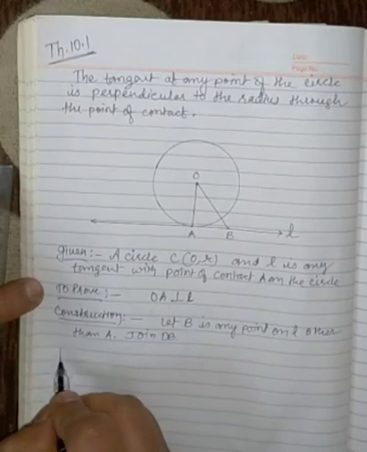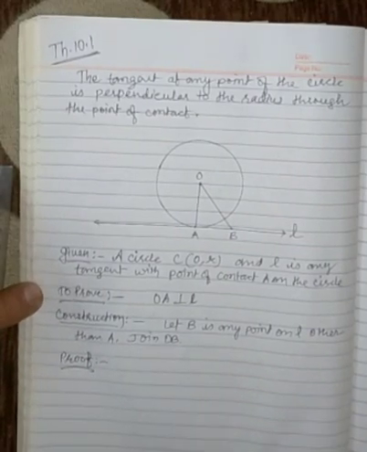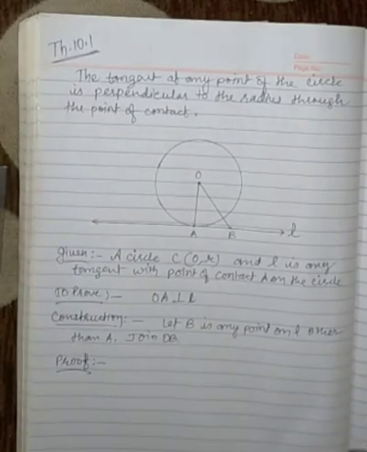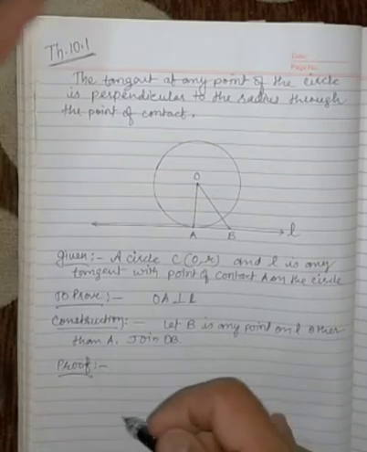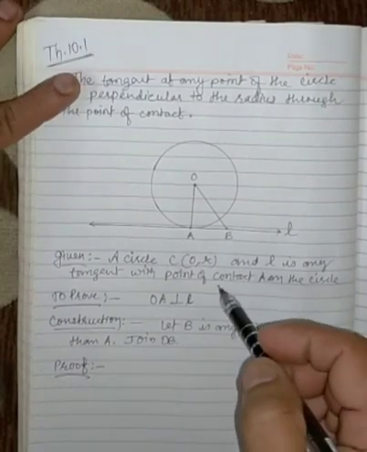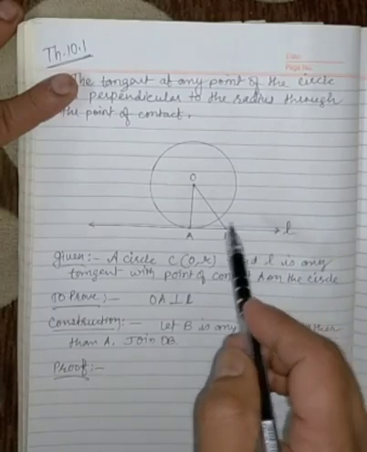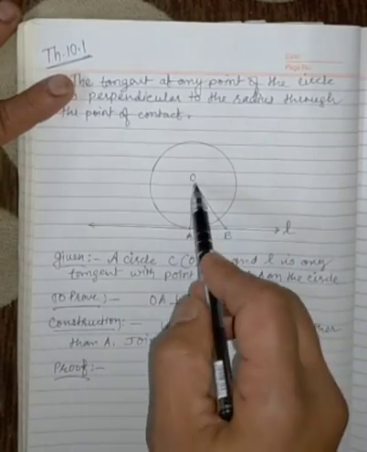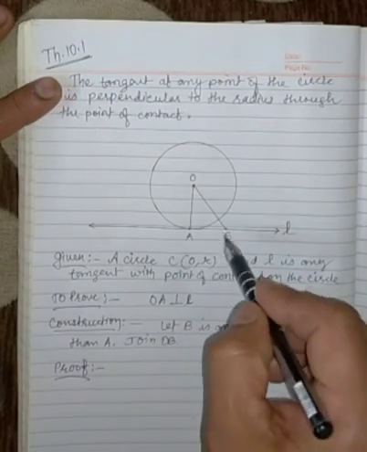Now to prove this theorem, one thing we have to recall that we studied in the previous class: out of all the line segments drawn on a line from an external point not lying on it, the perpendicular line segment is the shortest.